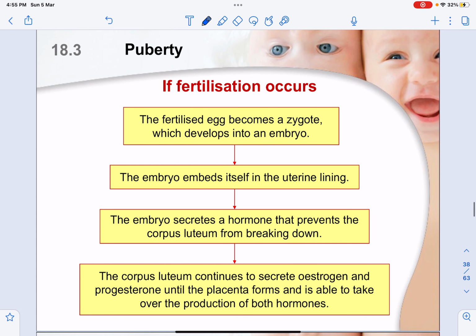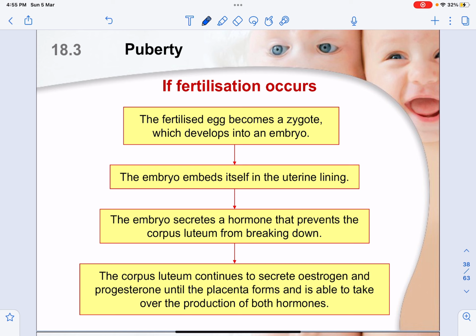However, if fertilization occurs, after the period of ovulation, the fertilized egg will become a zygote, eventually becoming an embryo. A zygote is the cell where the male sperm and the female ovum are fused together. After that, the cell slowly grows and multiplies into a lot of other cells, and then you form the embryo.